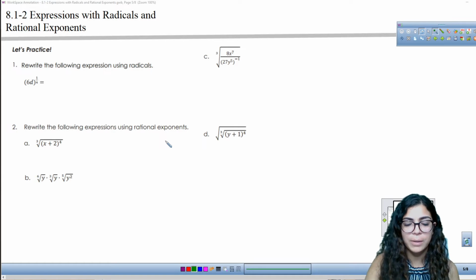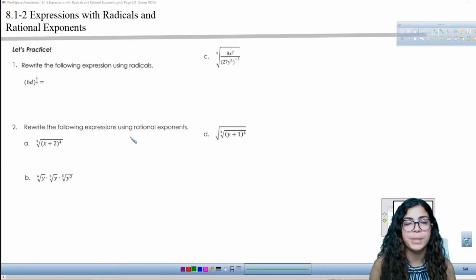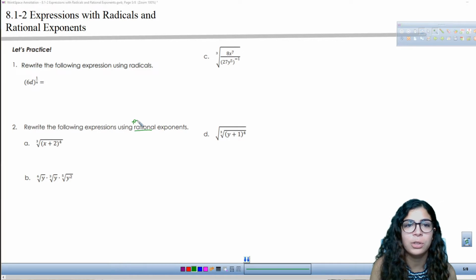Alright guys, so in this video we're going to cover more examples of rewriting using radicals and rational exponents. This first example asks to rewrite the following expression using radicals. Right now we have a rational exponent, and remember, rational is just a fancy word for fraction.